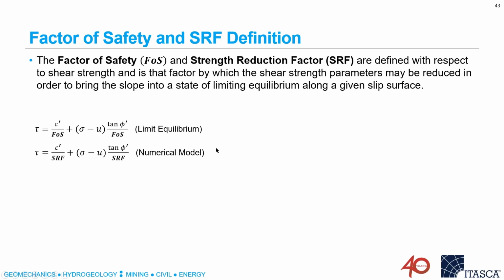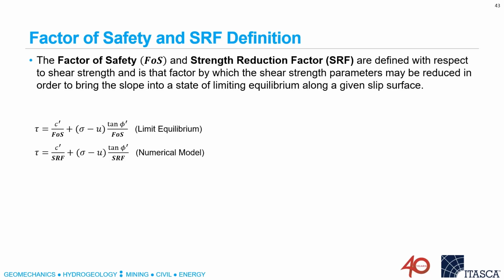In the numerical model, we call it a strength reduction factor, and we reduce the properties by that. But the equations are identical. And again, it's just the method used to solve the system of equations or the method of slices that produces some of the difference.